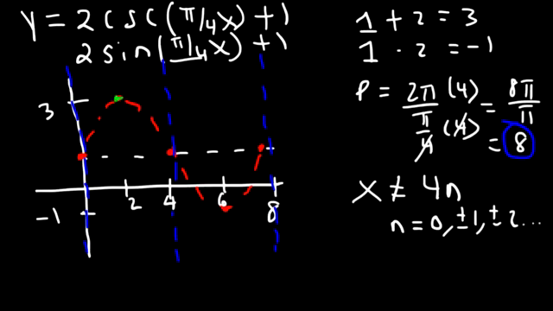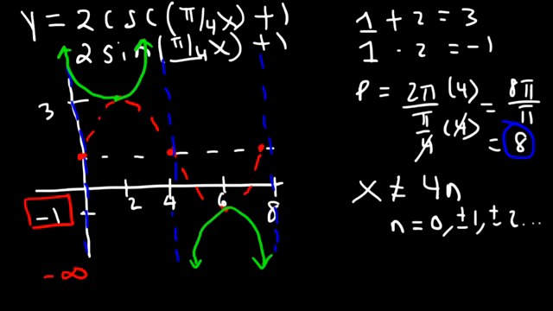And now we can graph cosecant. So simply draw it like this. Now, what is the range of this function? Notice that it's going to go down to negative infinity, and it's going to stop at negative 1.